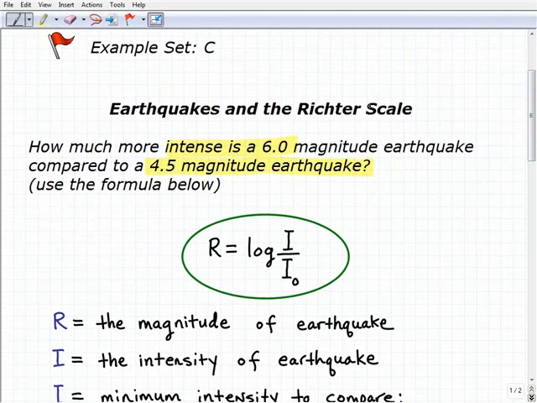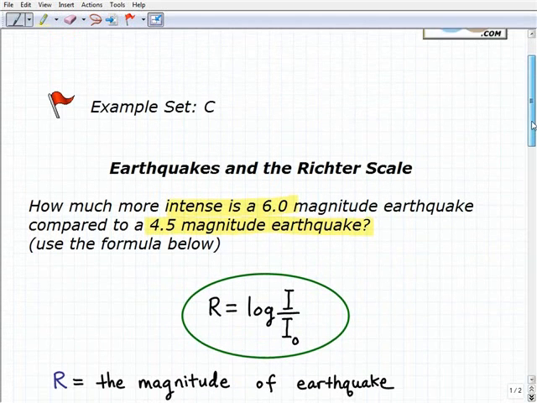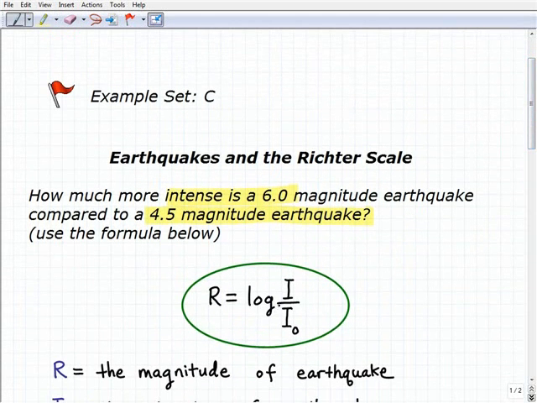Some of you who have experienced earthquakes could say right off the bat that the 6.0 is quite a bit stronger than a 4.5. One thing to reinforce here is that the Richter scale equation has to do with logarithms, as far as intensity goes.